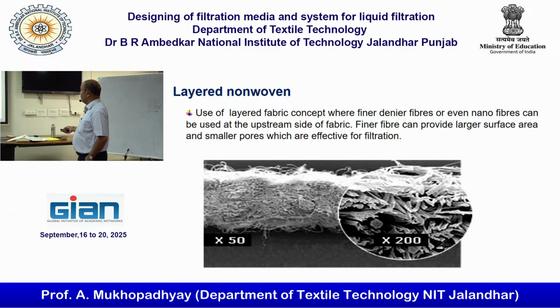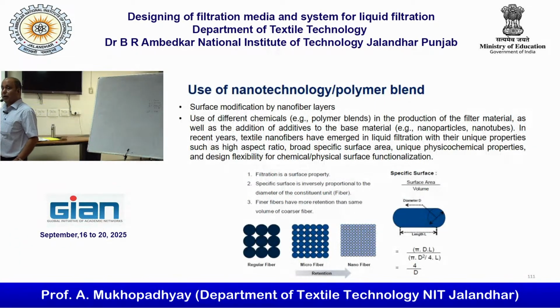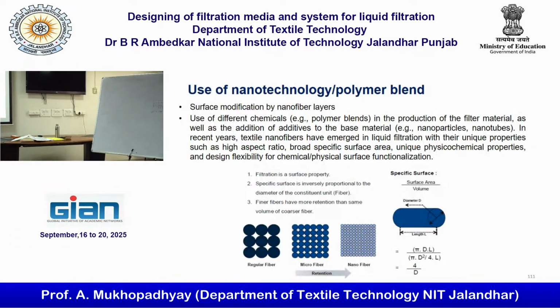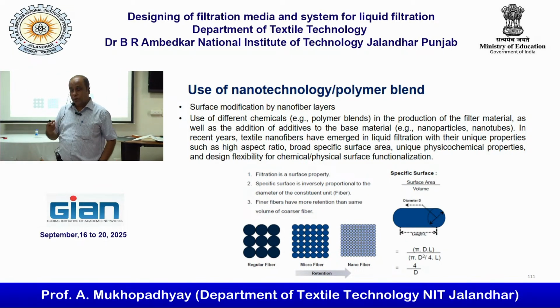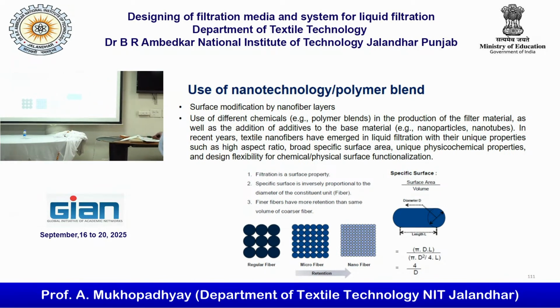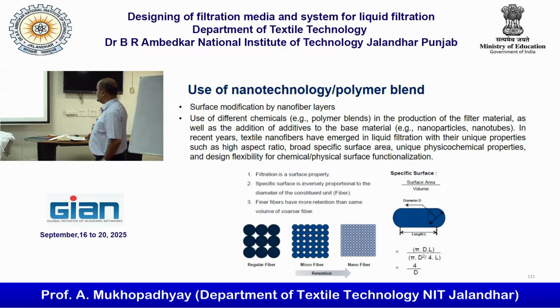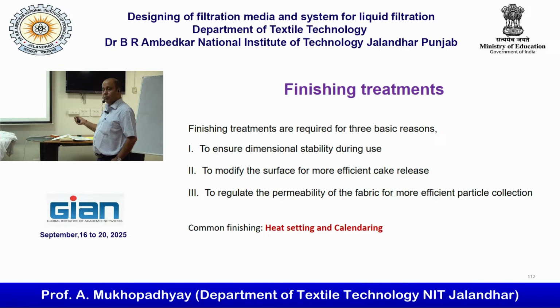Now nanofiber uses. What is the basic concept of why nanofiber gives us larger filtration capability? Anyone? Larger surface area. That is the primary reason, because there can be better interaction between the particles and the fiber. If you compare the surface area, it can be many times larger compared to normal fiber.